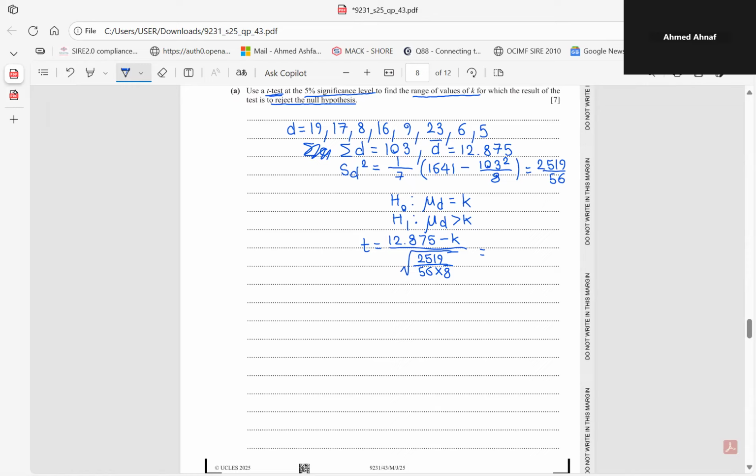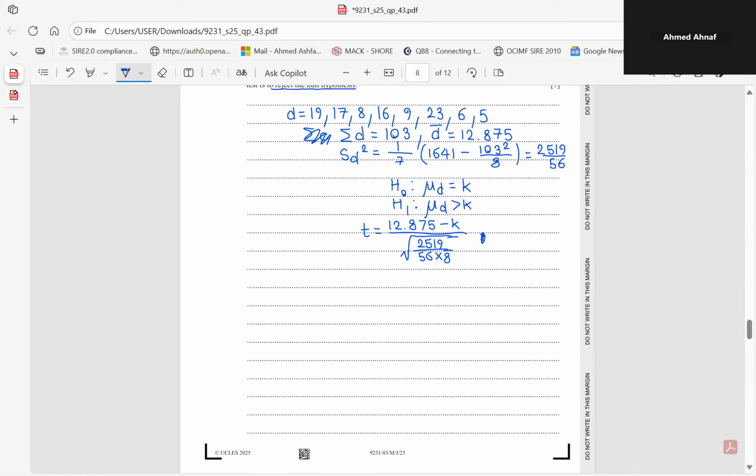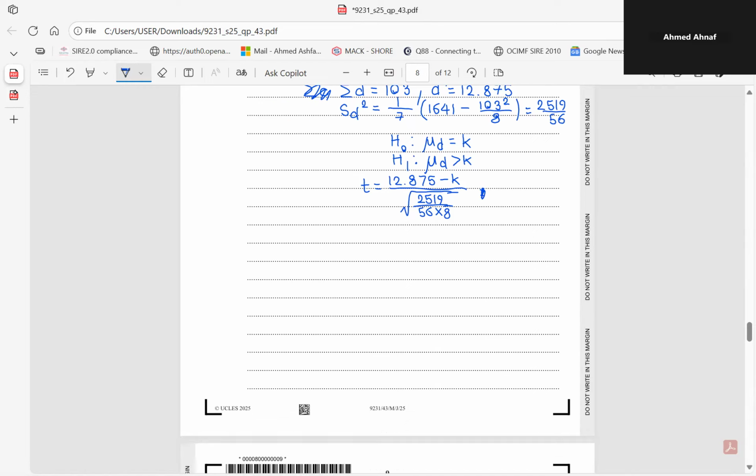Let's see if we can simplify it. Yeah, we can. Let's just leave it like this. Okay, so this is the test statistic.